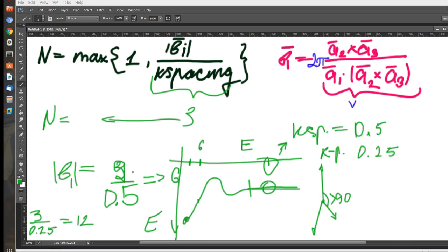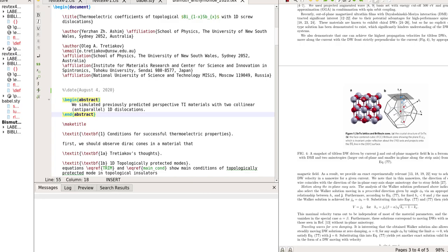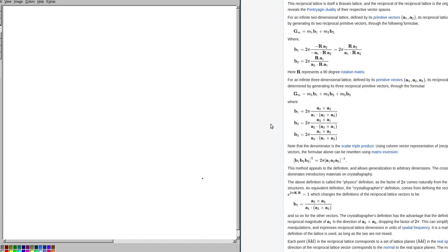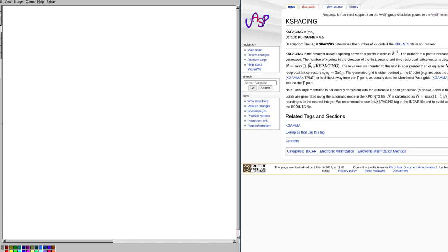So if in real space we have a really big unit cell, the number of K points should be less. Something is wrong here. Let's check another time.